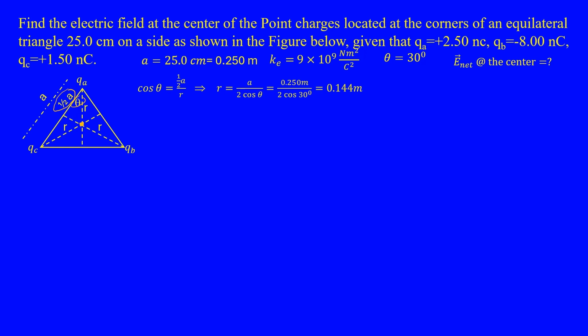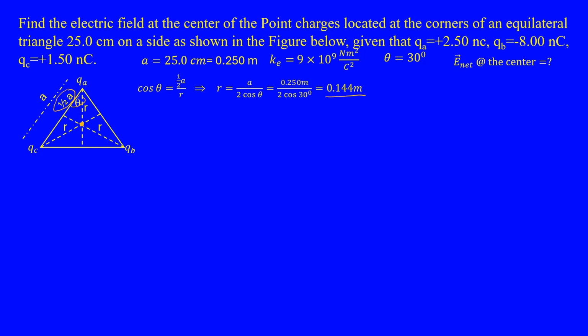Rearranging for R, R will be A divided by 2 cos theta. Just plug in the numbers. 0.250 meter divided by twice the cosine of 30 degrees yields 0.144 meters. So now we know the distance from each vertex to the center.